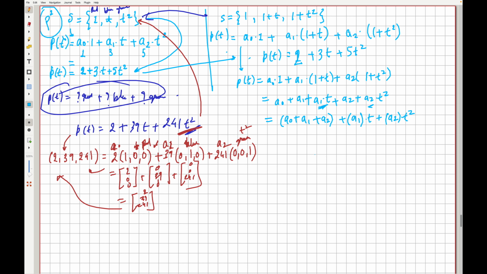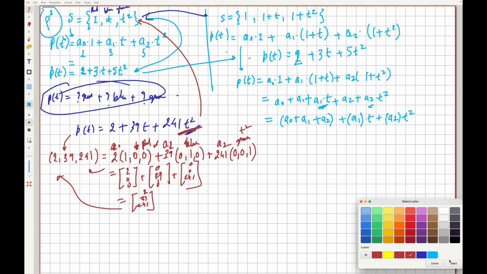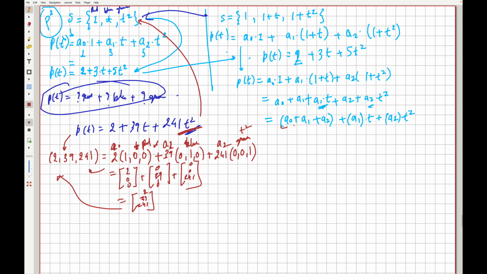As you can see, we can try to match that with the coefficients that we have above. This term is for the 2, this term is for the 3, and this term is for the 5. So we have a0 plus a1 plus a2 is equal to 2, a1 is equal to 3, and a2 is equal to 5.